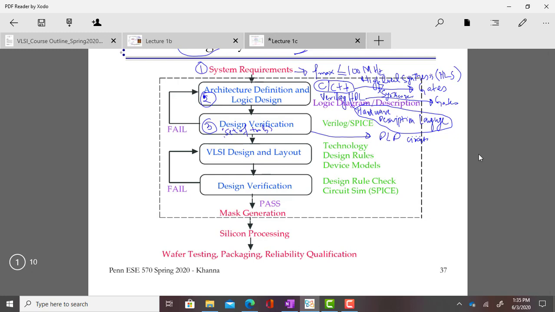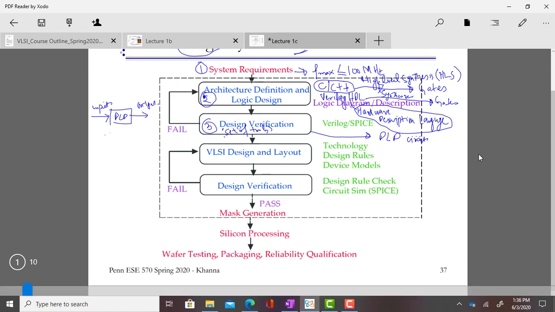And how do they verify? They verify like this. For example, this is your DLD like circuit. It applies all the inputs and it generates the outputs, and the verifier has already correct outputs stored somewhere.